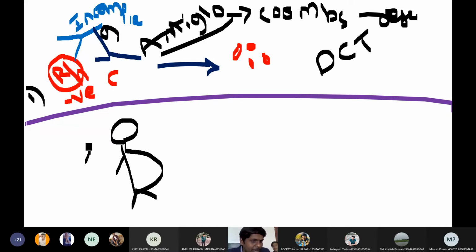For example, she is O negative. But she has a small baby, and this baby has a positive blood group.